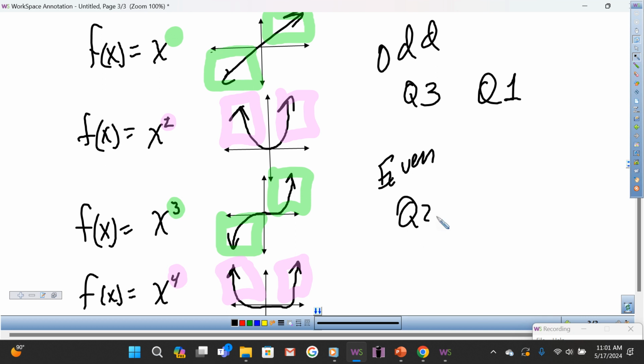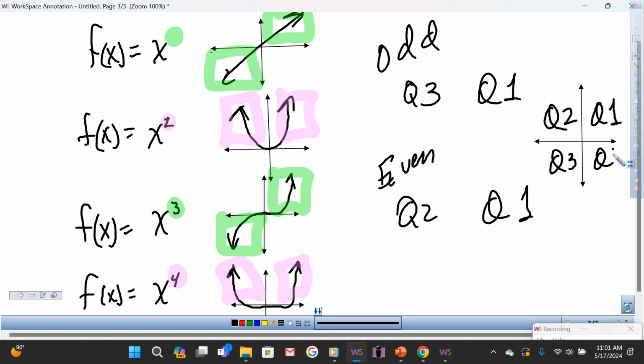Quadrant 2 and end in quadrant 1. For those of you that have no idea what I'm talking about: this is quadrant 1, quadrant 2, quadrant 3, quadrant 4. So where does the graph start? In 2 and ends in 1. And all of these are what? Positive.